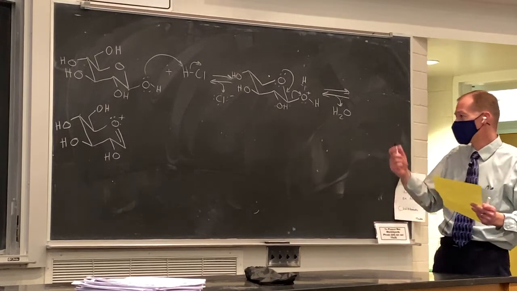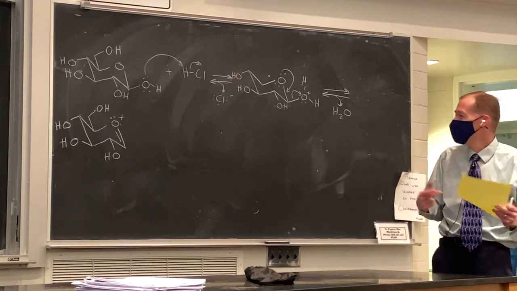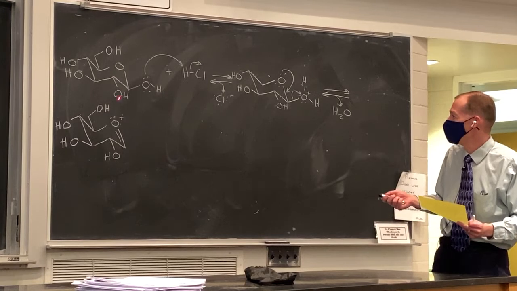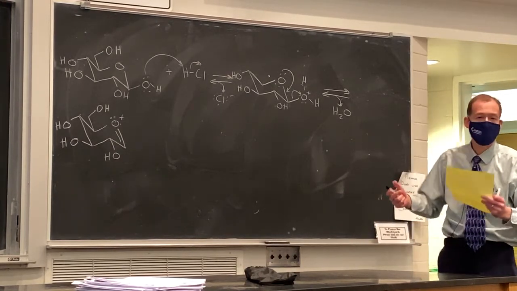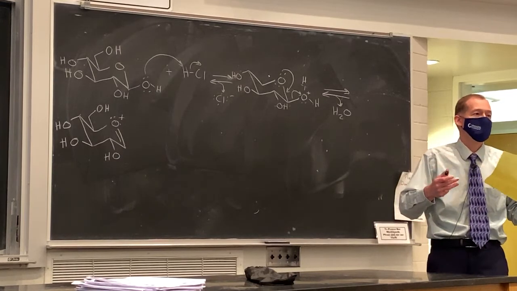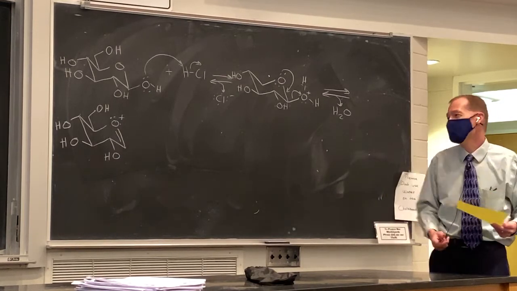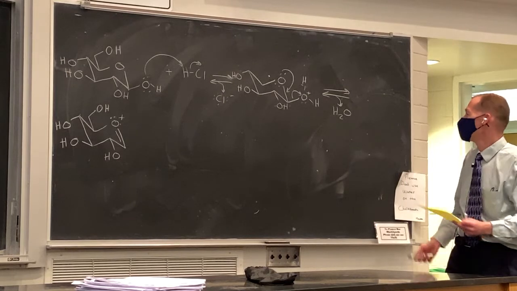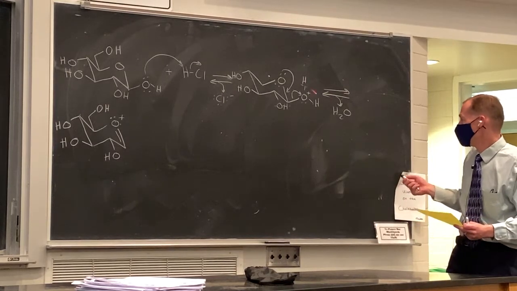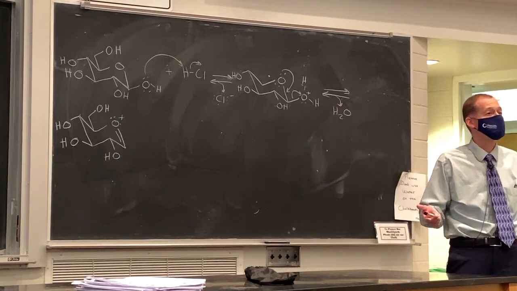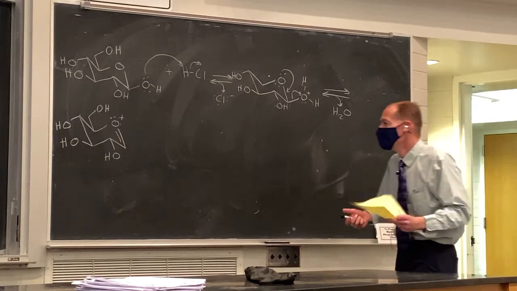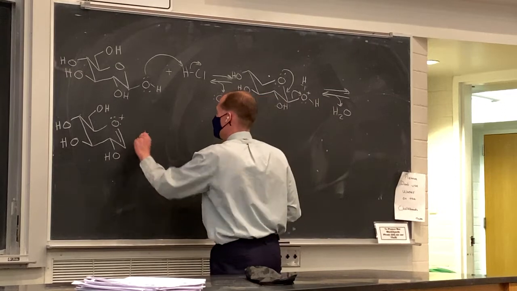So this cation is formed much more rapidly than any other cation that you could form by protonating any of the other OH groups. Okay? So we protonate any other OH group, nothing's going to happen, the proton's going to come back off. We protonate the anomeric OH group, we lose water because we get this resonance stabilized cation. Any questions?